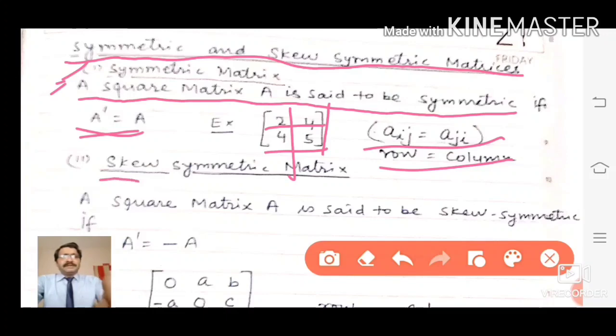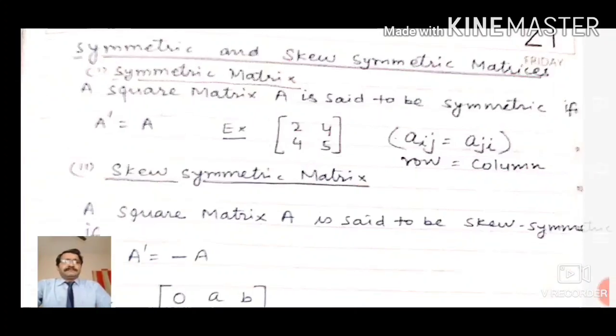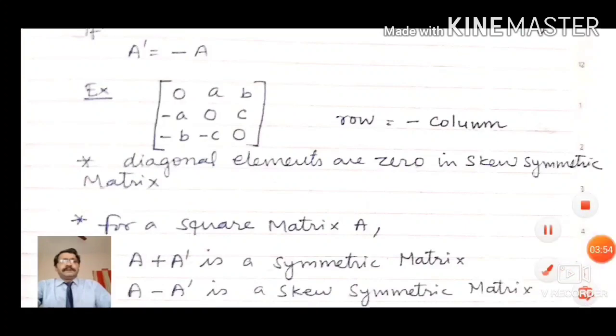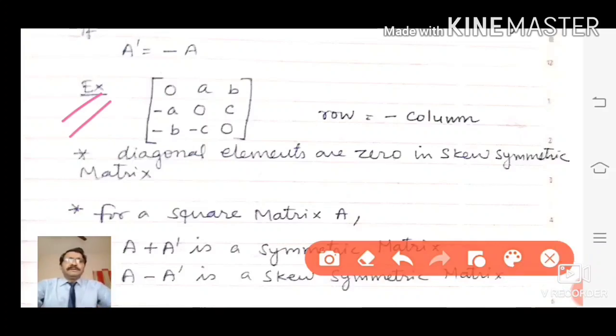Next is the skew symmetric matrix. What is a skew symmetric matrix? A square matrix A is said to be a skew symmetric matrix if A transpose equals minus A. We will take one example of a skew symmetric matrix. Here you can see that the first row and first column differ only by the negative sign.